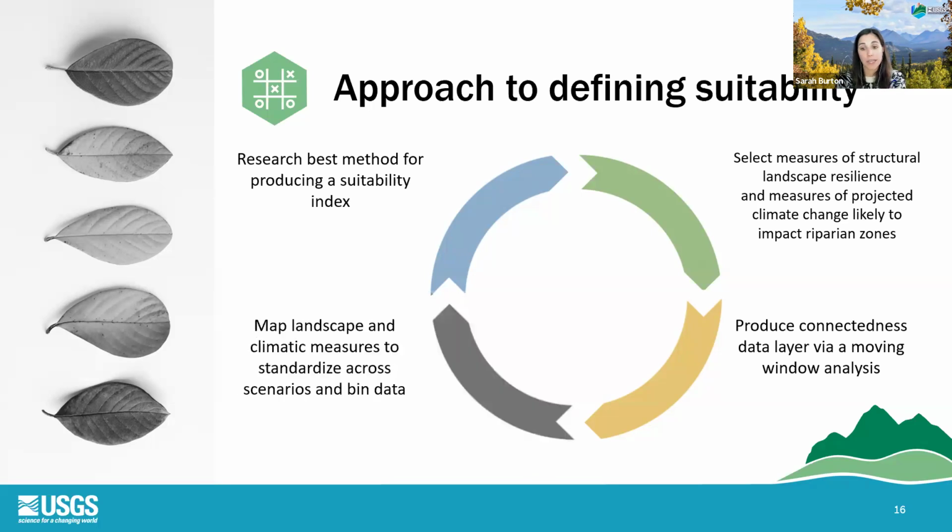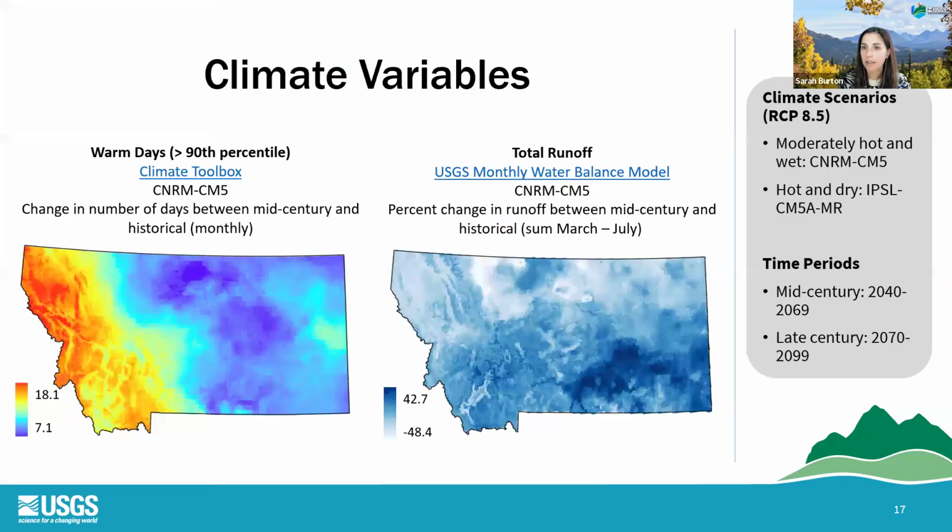And then finally, we mapped these measures and standardized them across the different climate scenarios that I'll highlight in a minute, and then needed to bin the data. So to dive into these layers a little bit more, we had these 2 climate variables.